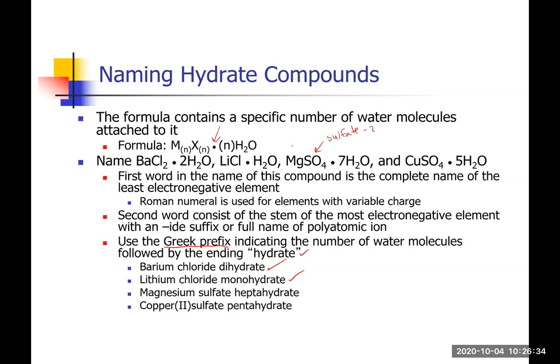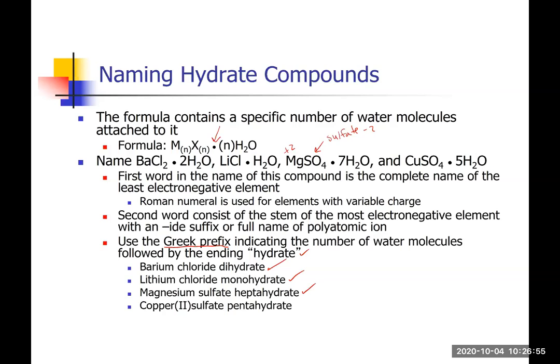That means that magnesium has a +2 charge, and that makes sense because magnesium is an alkaline earth metal in group, column, or family 2A. The 7 is going to be hepta, remember, and then we add the word hydrate. So we have magnesium sulfate heptahydrate.